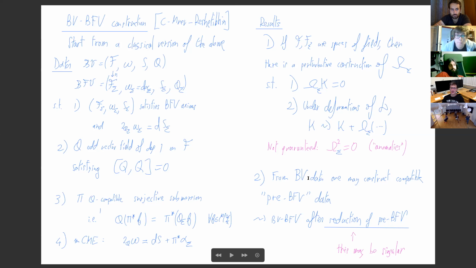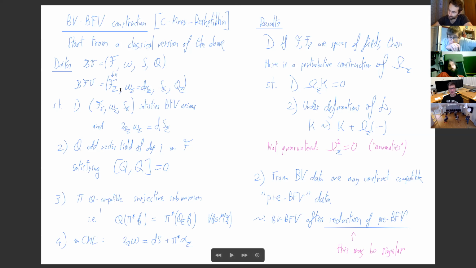So how is this done? One way to produce this data is the following. This is actually the way we discussed with Pavel and Nikolai Reshetikhin. You start from the BV data in the bulk. You look for the boundary term when you integrate by parts in here. And you realize that this data gives you some sort of pre-BFV data.